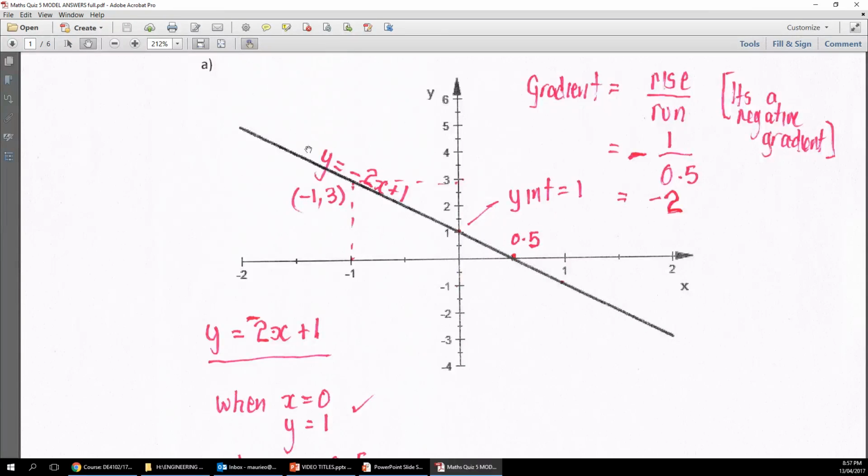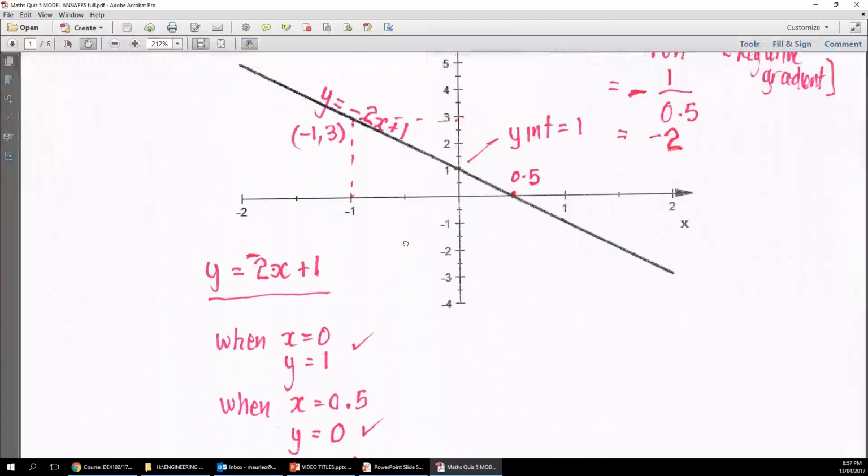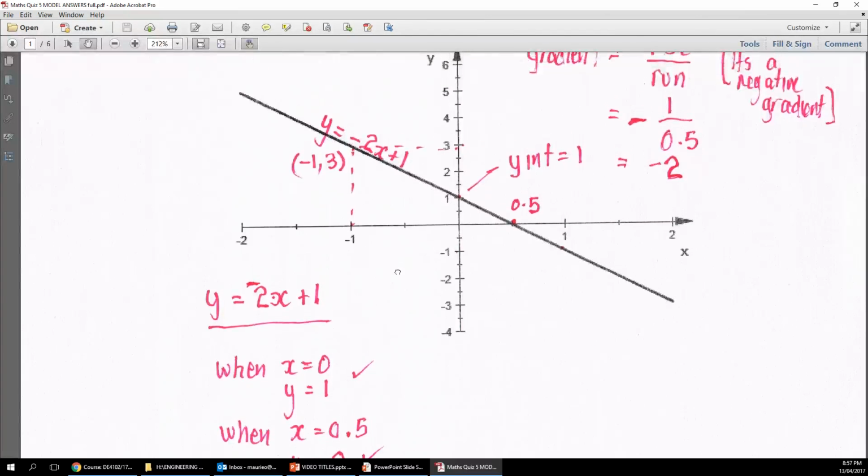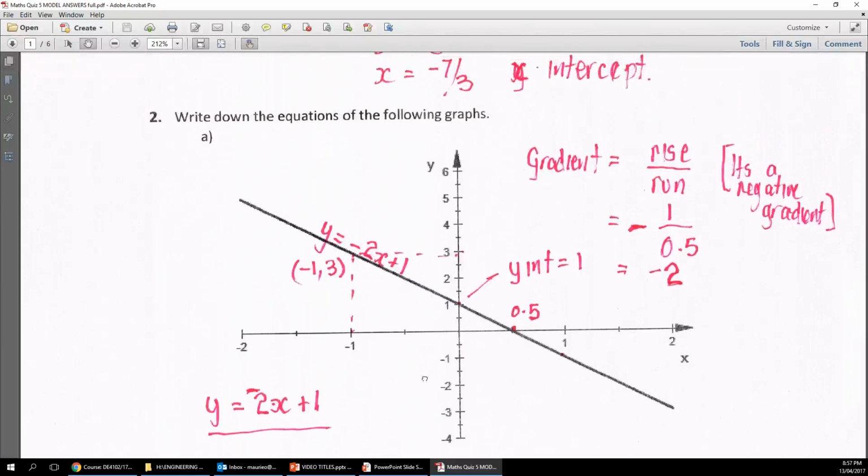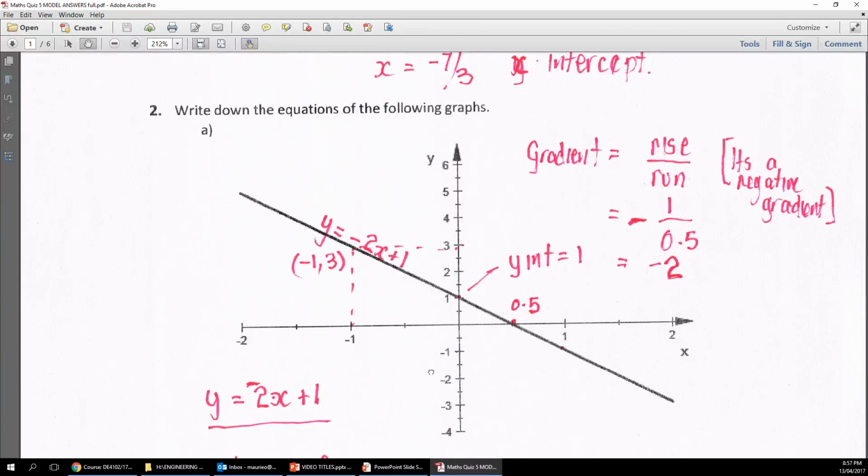It's a negative gradient because it's going downhill from left to right. If we look at the rise, we have a rise of 1, and a run from here to here of 0.5. It's a negative gradient, so we put in negative 1 over 0.5, and we get negative 2. So that gives us y equals negative 2x plus 1 as the equation of that graph.